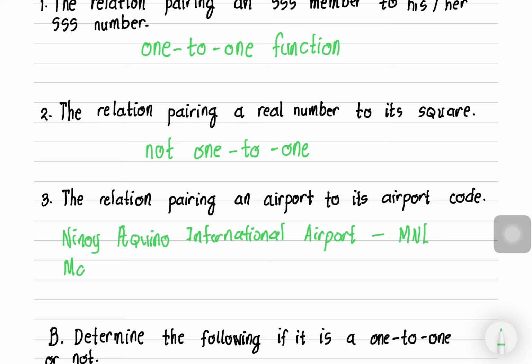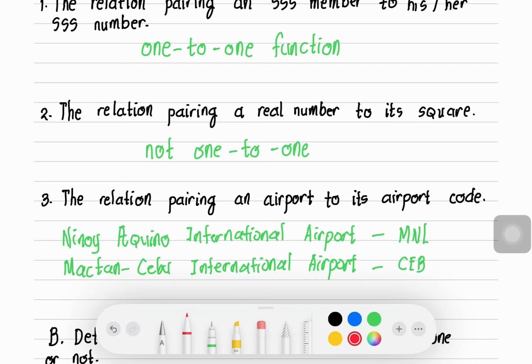Mactan Cebu International Airport, right? Okay. So ang code nito ay CEB. Rather, the airport code is CEB. So guys, kung mapapansin natin dito, magkaiba sila ng code, right?